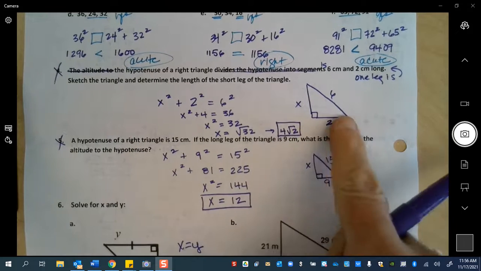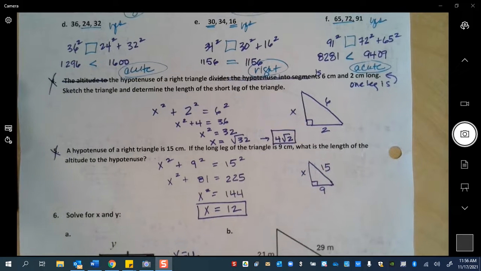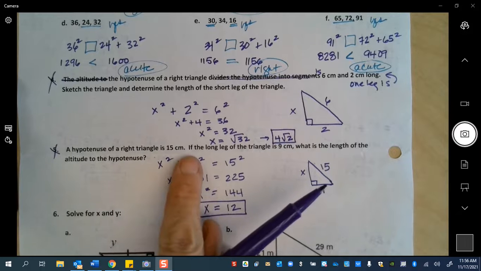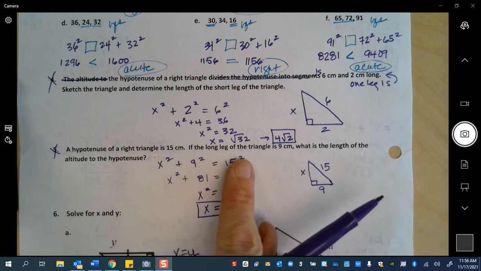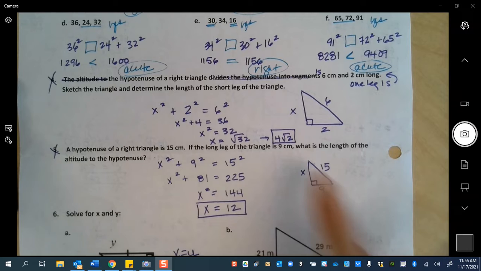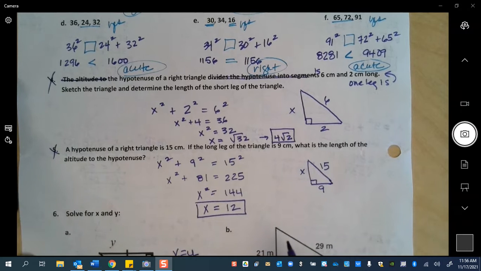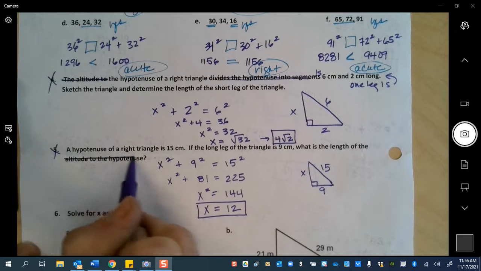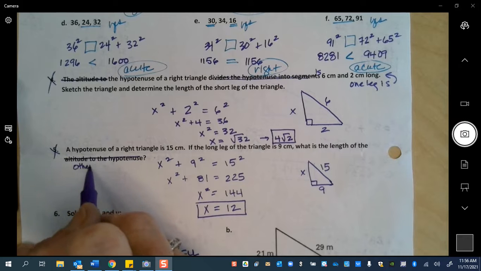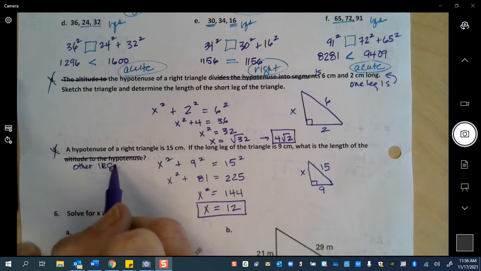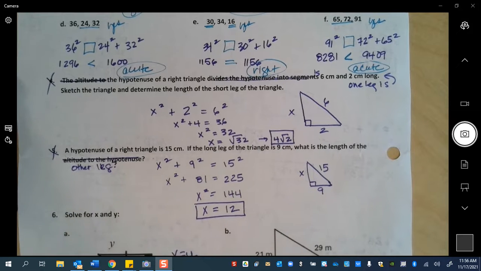So we're okay. We agree. Hypotenuse of a right triangle is 15 centimeters. If the long leg is 9 centimeters, what's the length of the other leg? We're okay with that, right? Shoo. Okay.